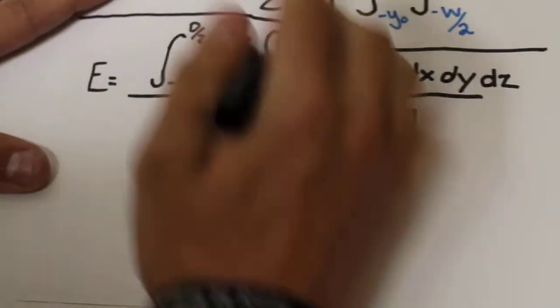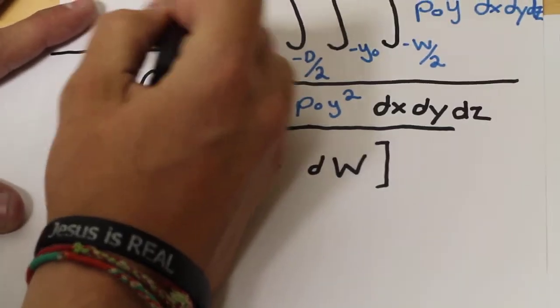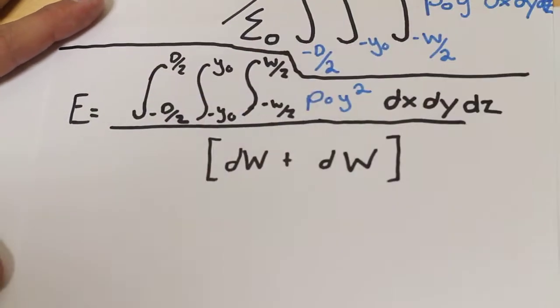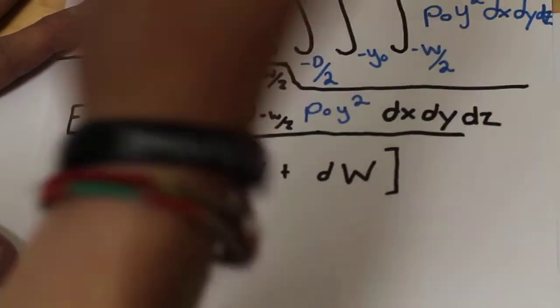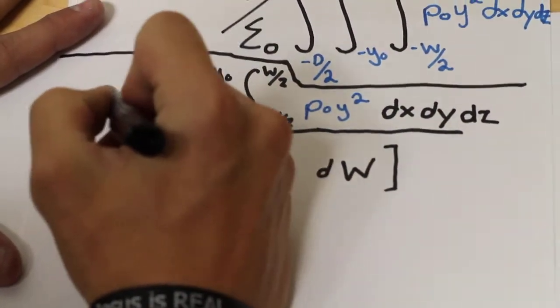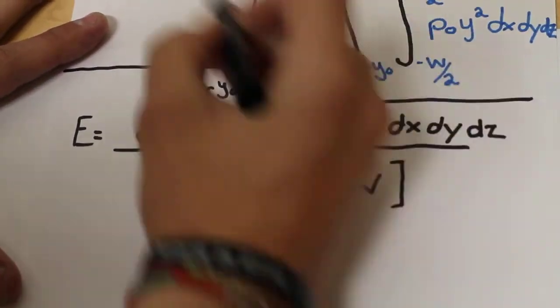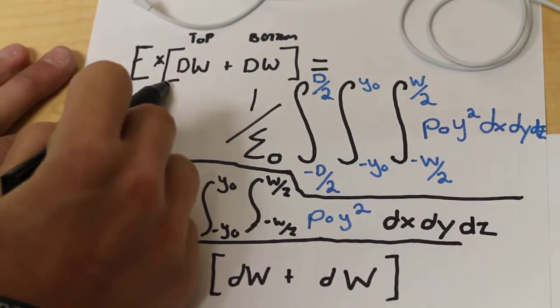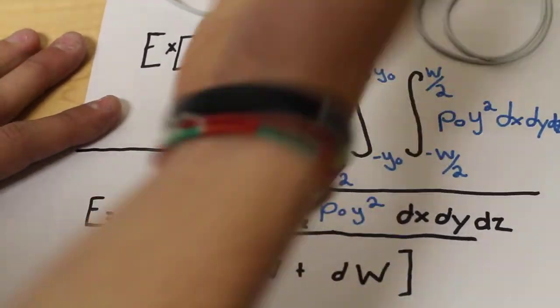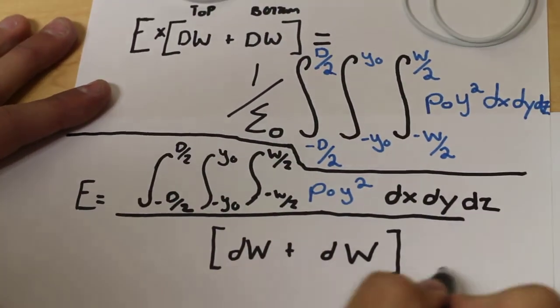So basically, we just solve for E by dividing by this area. We weren't given specific numbers, so we're solving for E generically: E is equal to this whole integral divided by dw plus dw, the area of the top and bottom squares, all on the bottom.